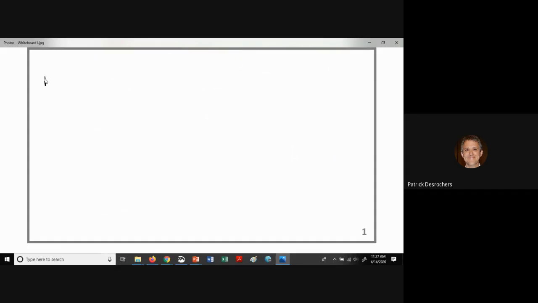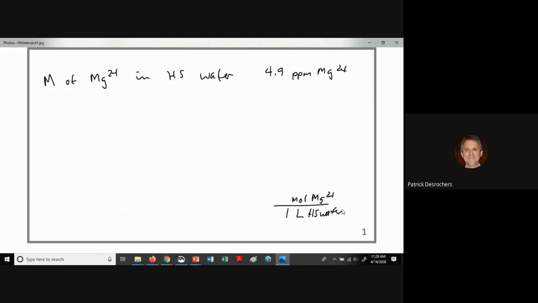So we want the molarity of magnesium in Hot Springs water. And Hot Springs water is 4.9 parts per million of magnesium. And what I would like to know is how many moles of magnesium for every 1 liter of Hot Springs water. That's what I want to know.